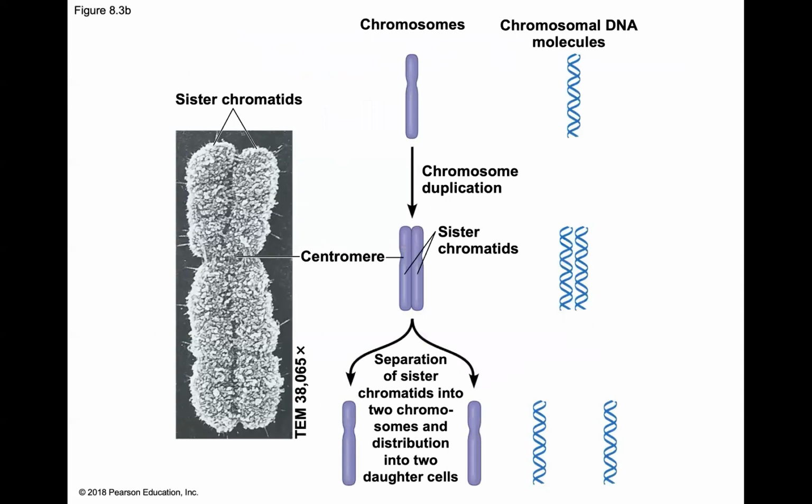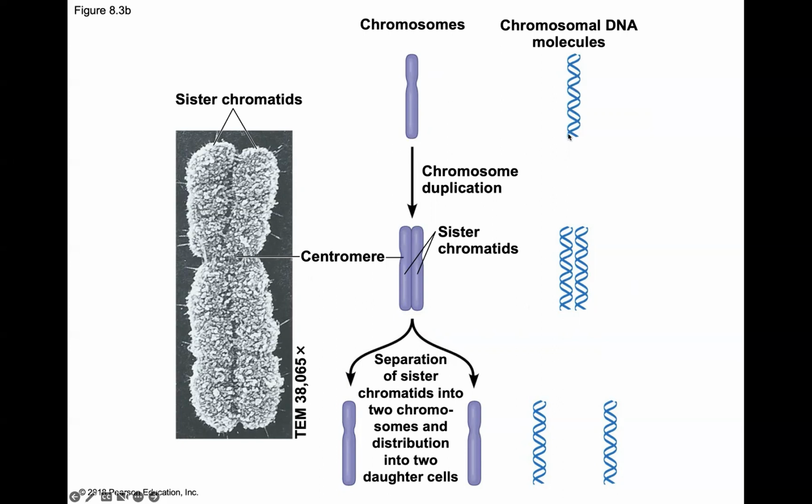All right, so here is an illustration of the creation of a complete sister chromosome. We see these two sister chromatids here in this micrograph, also illustrated here. So we have this single chromosome, but when we have these two sister chromatids coming together, they're going to be held together at that centromere, and separation of these two sister chromatids into chromosomes and distribution into two daughter cells occurs during cell division, okay?